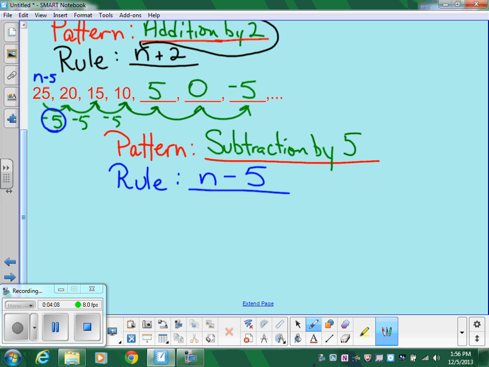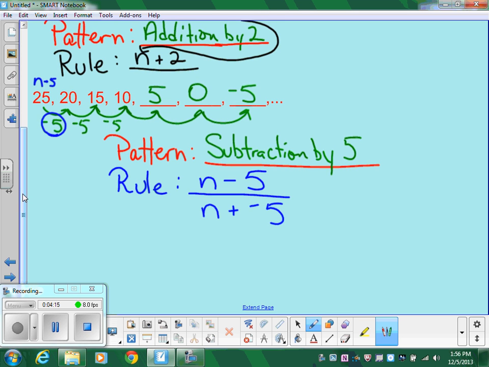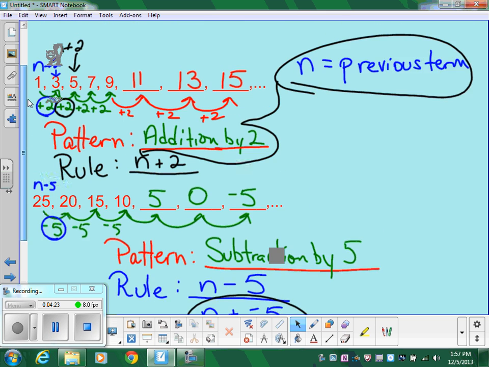Or, we could also refer to this as N plus negative 5. The reason we're also referring to it in this manner is because of the proper terminology for these types of sequences.